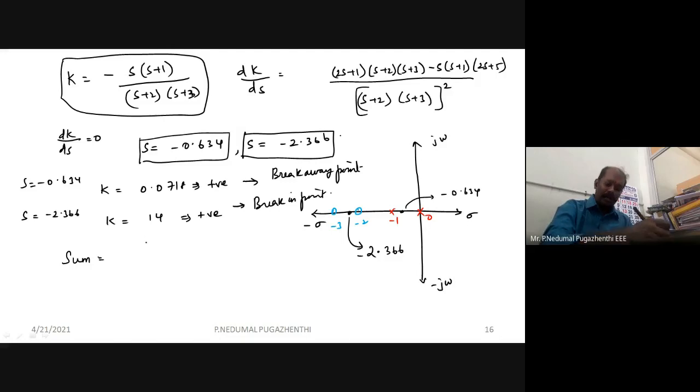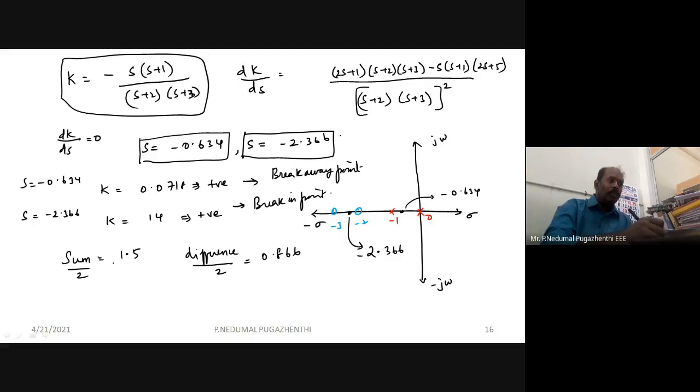If you add these two and divide by 2, you will get 1.5. And if you find the difference between them and divide it by 2, you will get 0.866.